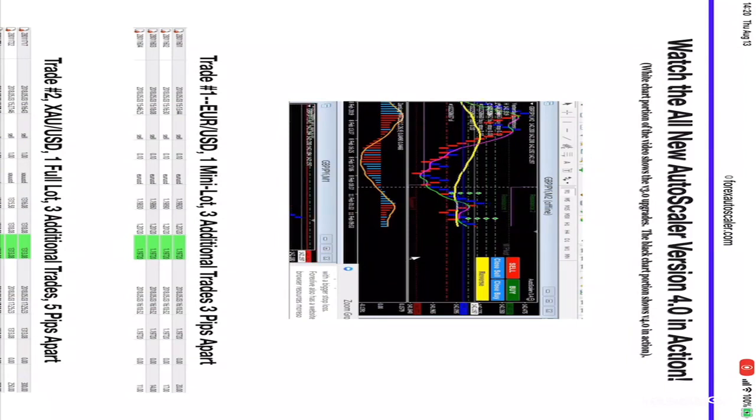Should be in trade number 2 now. And we should see the step stop trigger in another pip or so, since it's based off of the ask prices actually, because we're in a buy trade, so it needs to go up another pip, pip and a half, whatever the spread happens to be on that. That'll trigger the step to get a little bit closer.